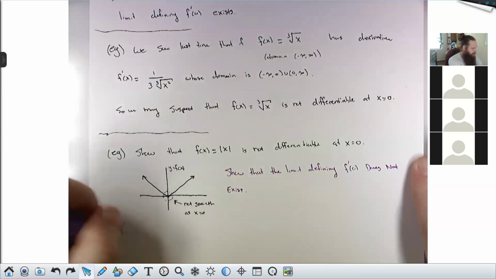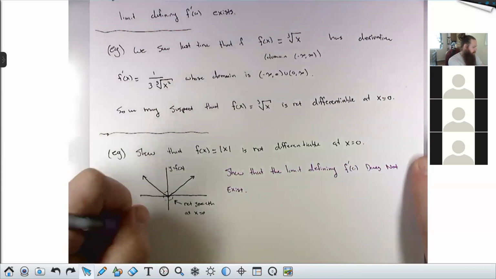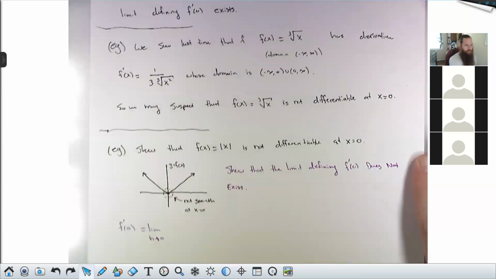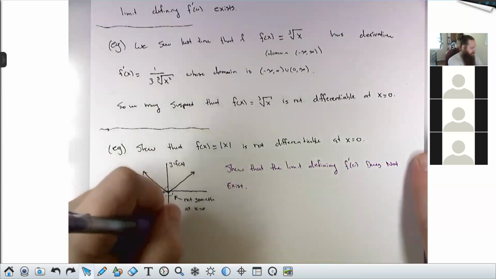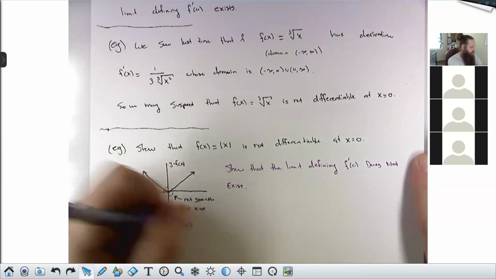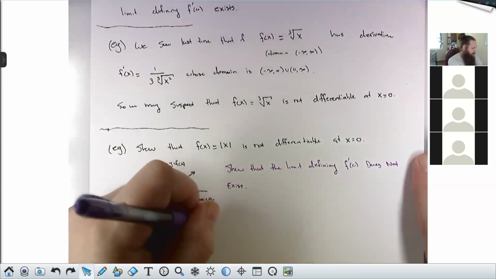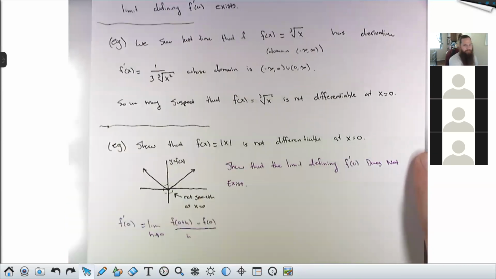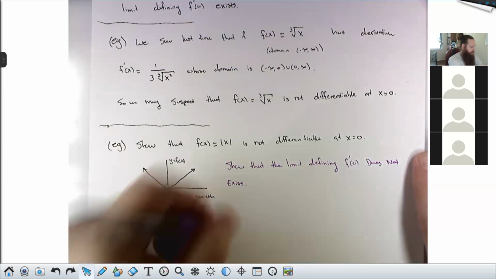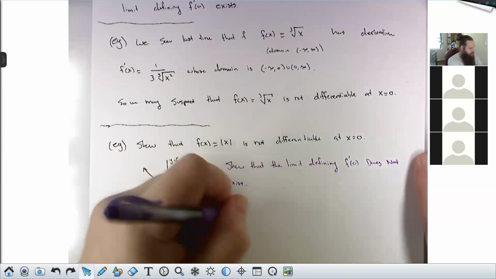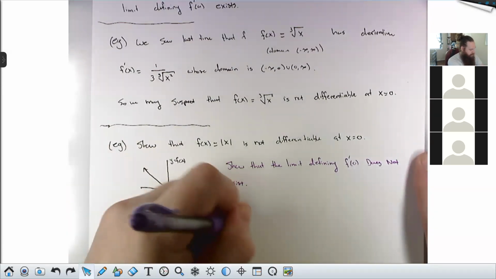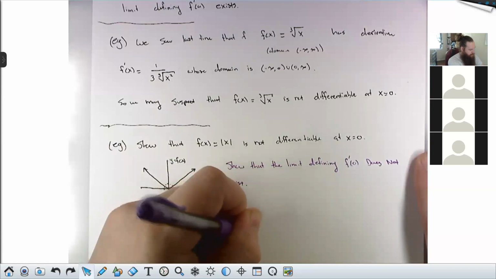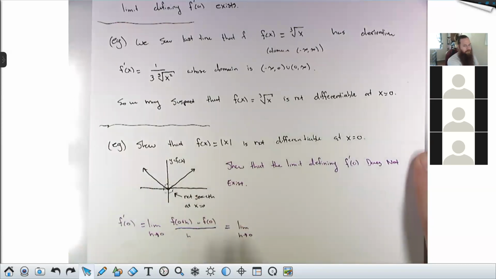So remember, f prime of 0 would by definition be the limit as h goes to 0 of f of 0 plus h minus f of 0, all over h. And then for this function, that is the limit as h goes to 0. Please be in the good habit of always writing your limit.